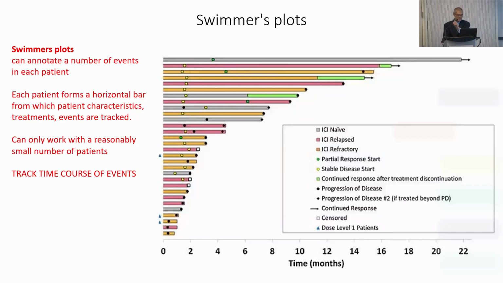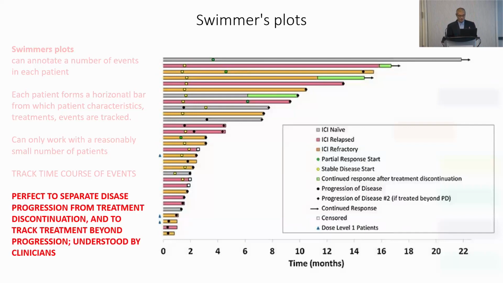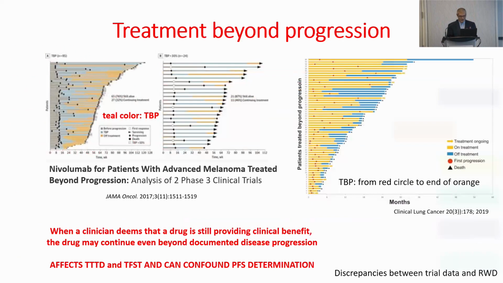So those are things that you ought to be thinking about as you're designing some of these data if you're using it for this purpose. All right. And so this way we can collect information such as treatment beyond progression and still be able to actually visualize it to some extent.